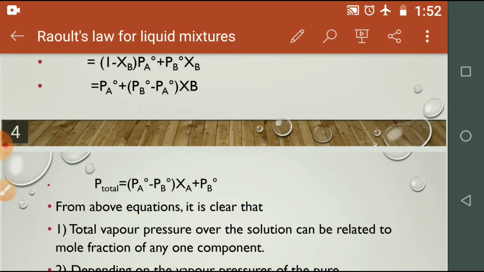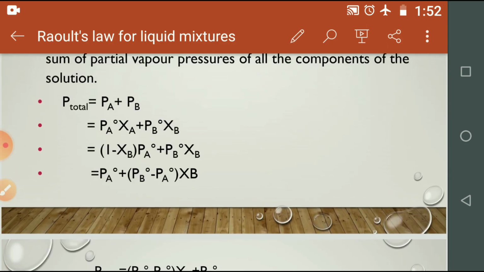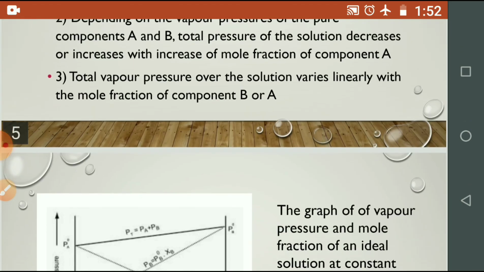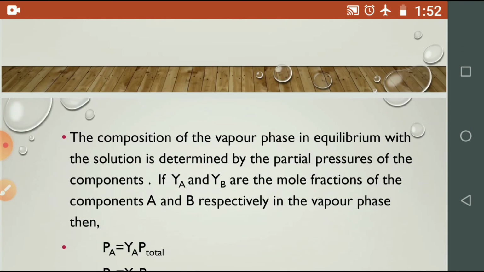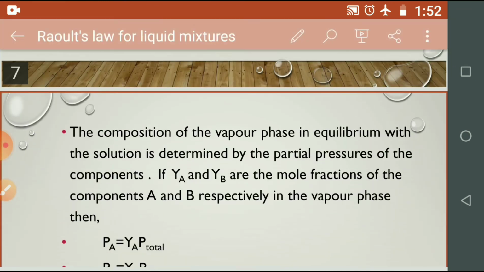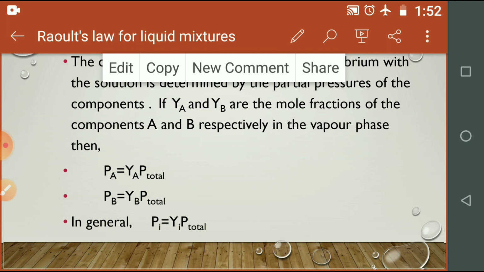So by using this equation you will have to find out PA is equal to P naught A into XA. After finding that, you will have to calculate PA, then find the total pressure, then you will have to calculate mole fraction in the vapor phase. Mainly this type of problems will be asked based on this Raoult's law.